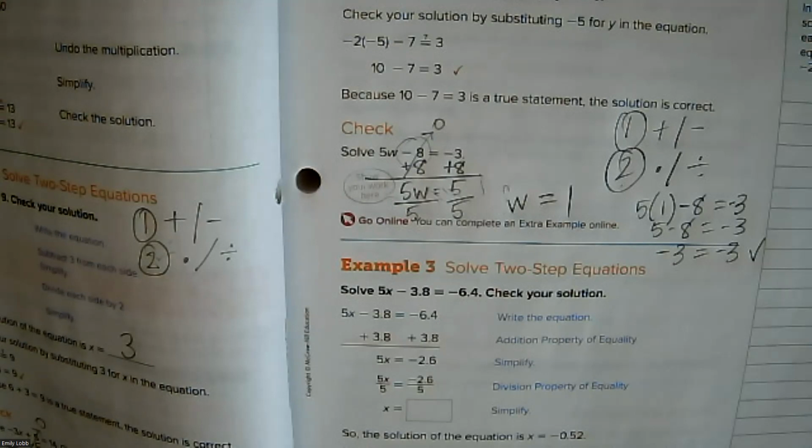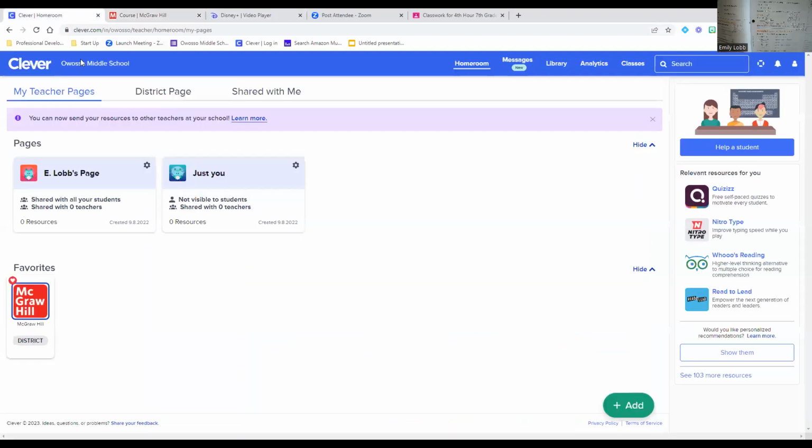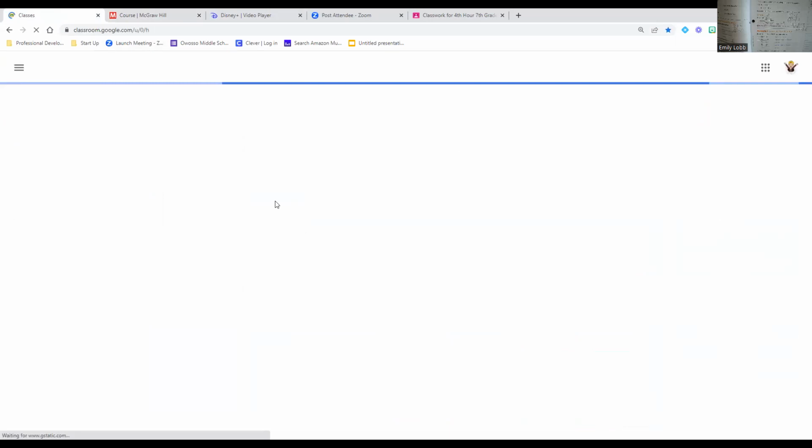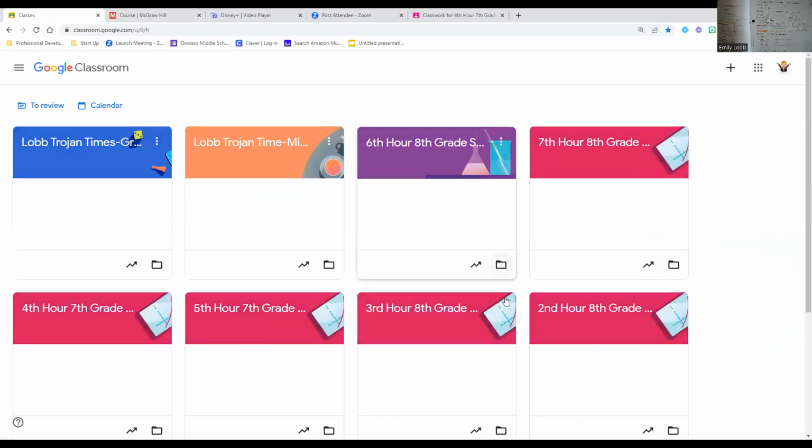All right. So in your Google Classroom, or you can just go to boomlearning.com. I'll put a link in it to Boom Learning, but you can just type in boomlearning.com.